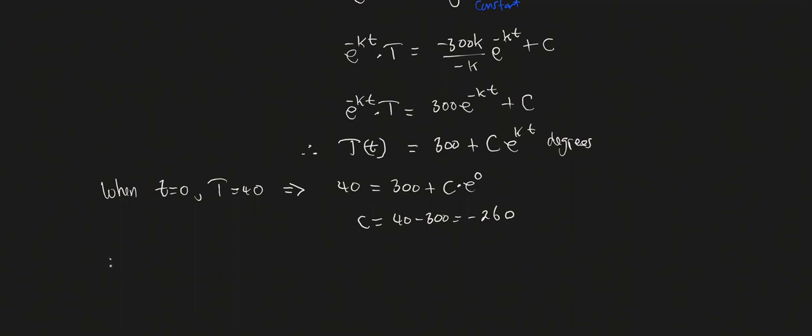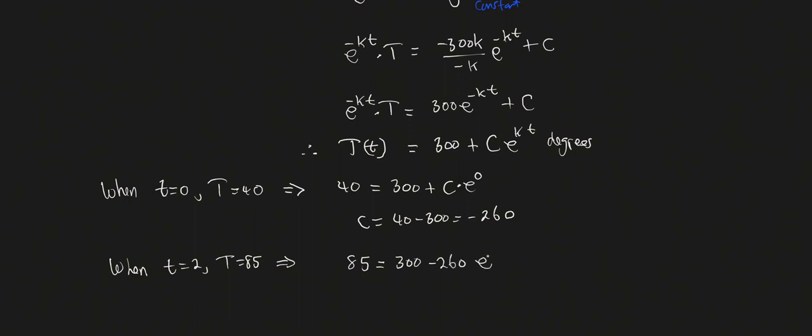Well, that's where we need the remaining condition. So when t is equal to 2, the temperature is now 85 degrees Fahrenheit. So we put an 85 there. We still have our 300. We now know what c is, so I should go ahead and make that a minus 260.